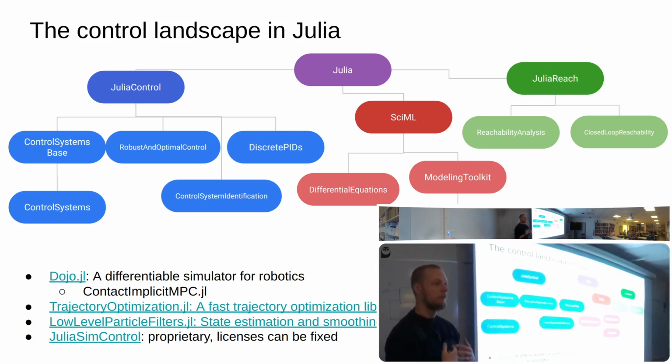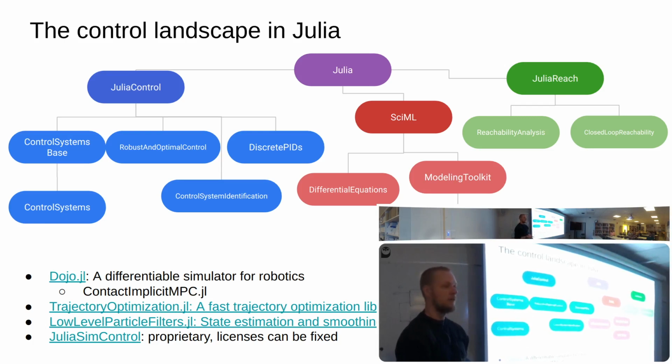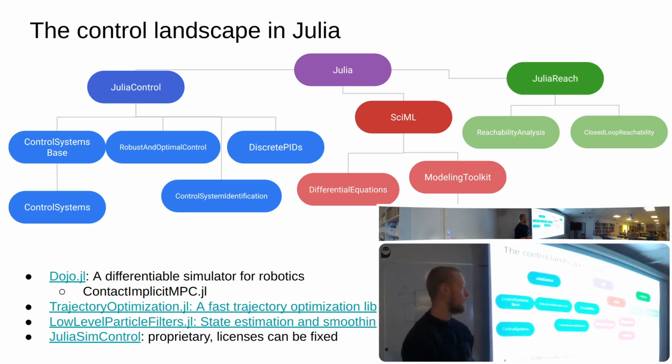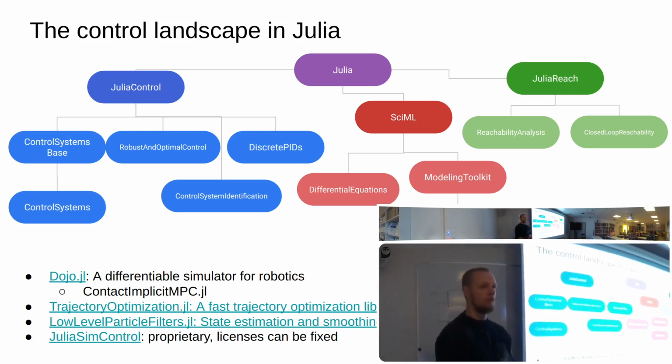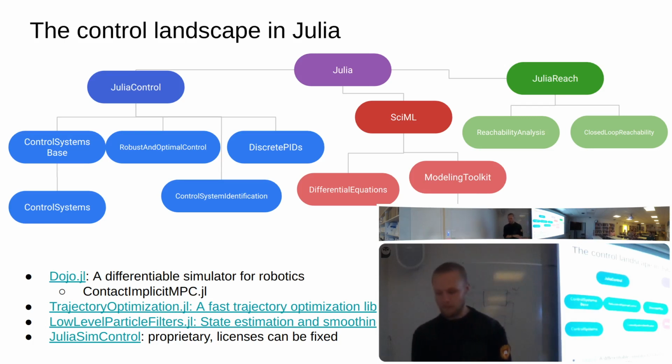Reachability analysis will perform set propagation through the dynamics, so you can simulate kind of set valued dynamics. And it allows you to say stuff like, I can guarantee that no matter what my parameters are within this set, I will never reach a state that overlaps with some dangerous region. So for instance, I guarantee that the robot will not crash into the wall, stuff like that. So that's a way of performing nonlinear verification of the control systems. And there are several different packages underneath there that you might be interested in checking out.